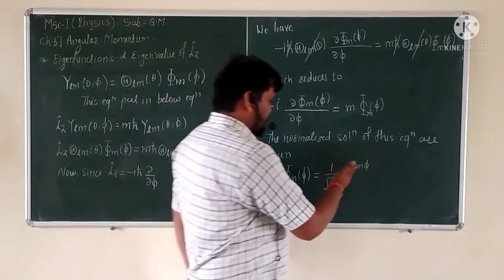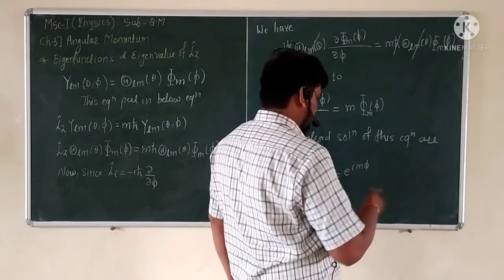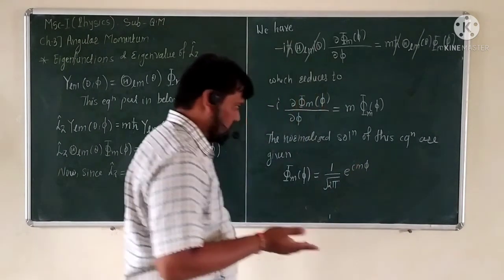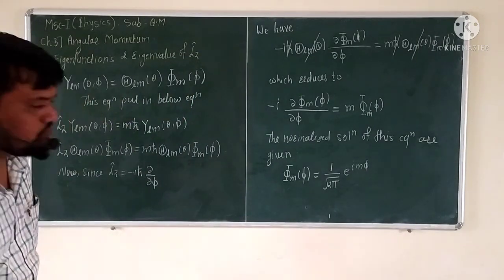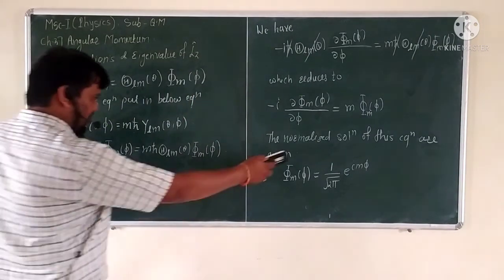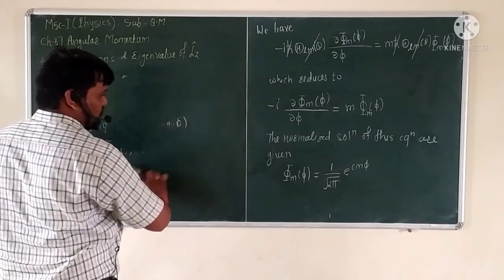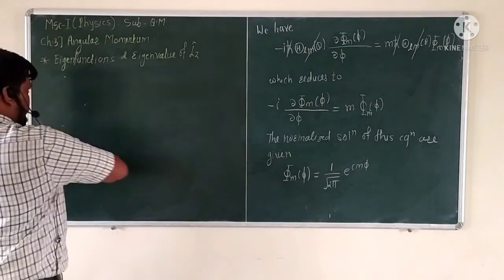You should already know that we get this by solving the azimuthal part of the spherical harmonics, and how the value 1 upon root of 2π arises.